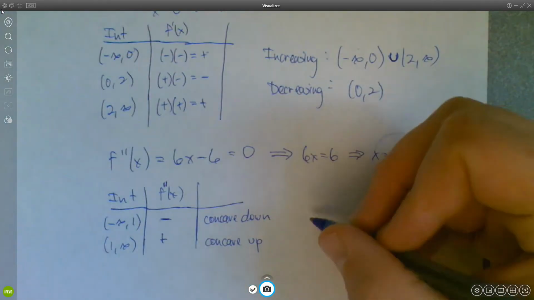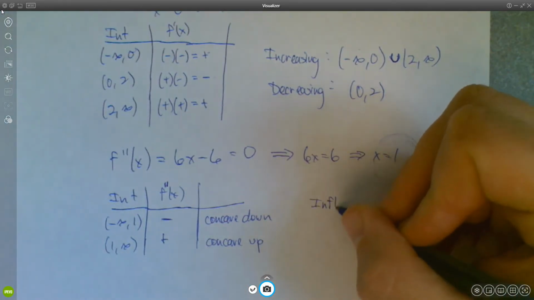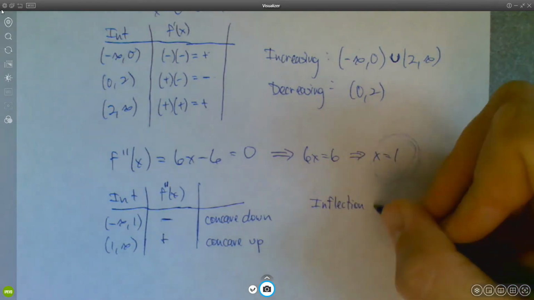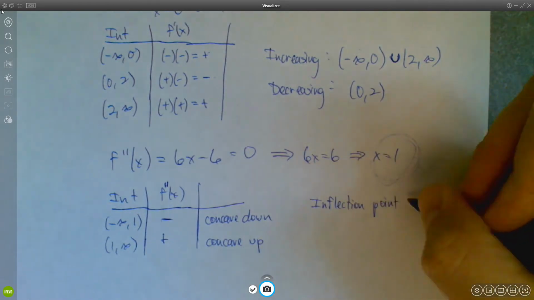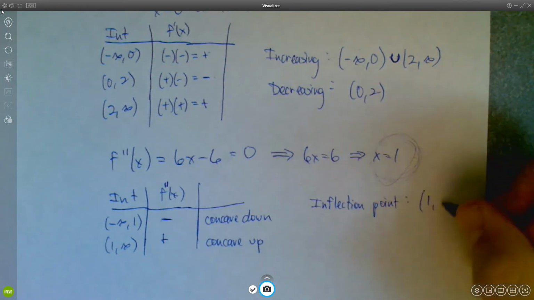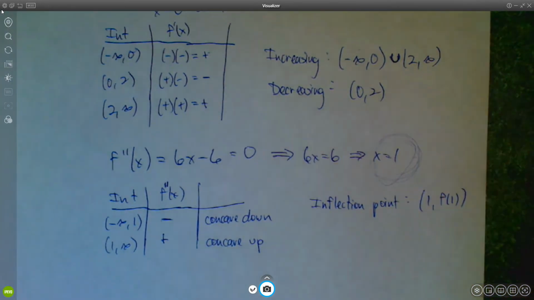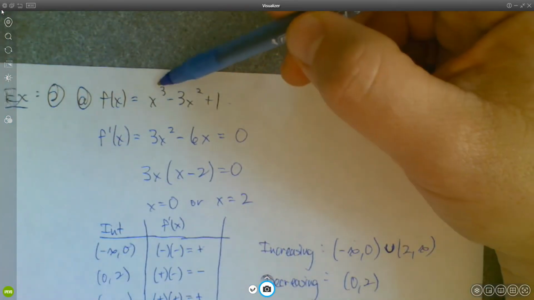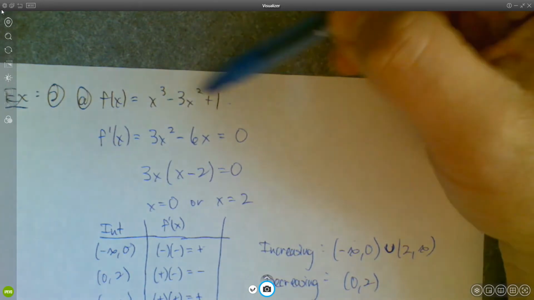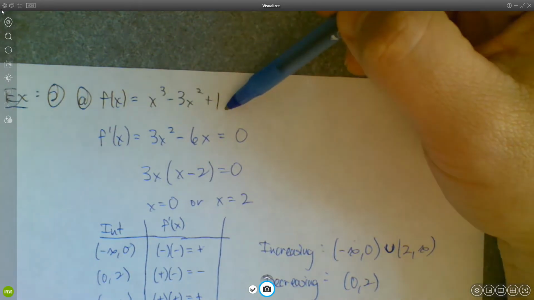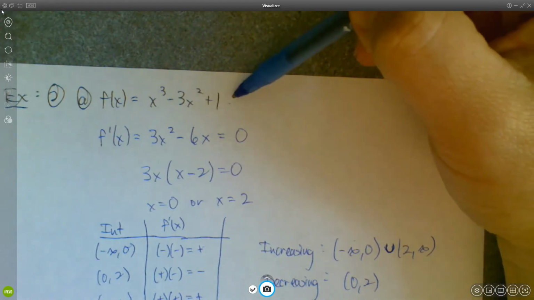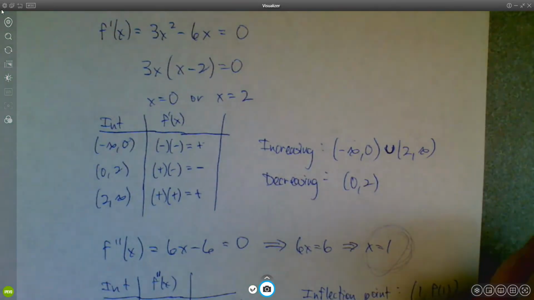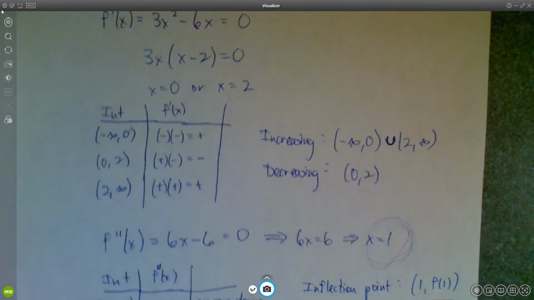So my inflection point is the point 1, f of 1, not f prime of 1 or f double prime of 1. What's f of 1? If we plug in 1 here, we get 1 cubed minus 3 times 1 squared plus 1. So that's 1 minus 3, which is negative 2, plus 1, which is negative 1. So 1, negative 1 is the inflection point.